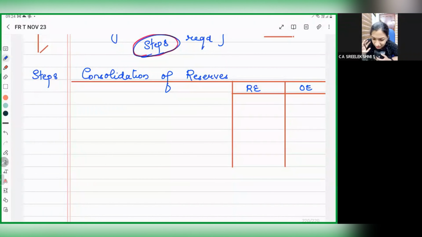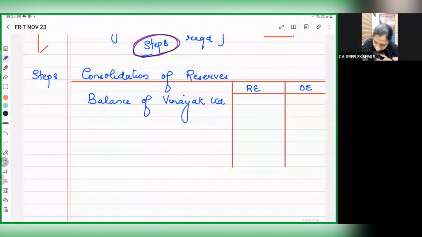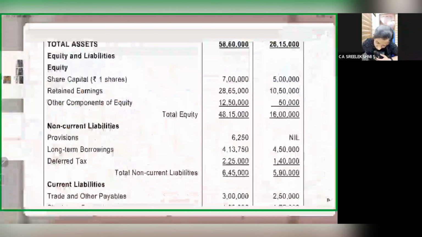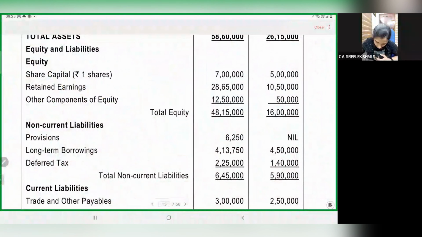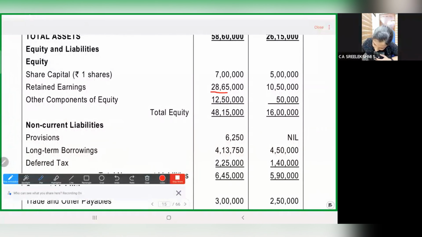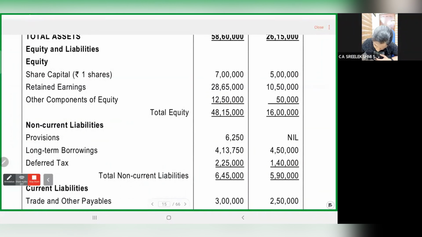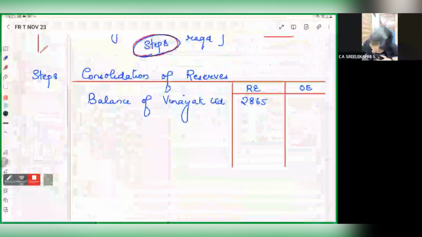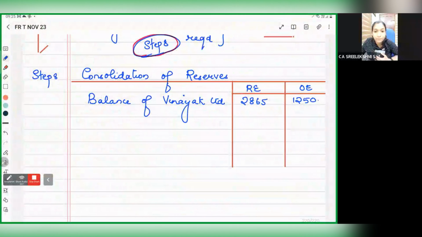So balance of Vinayak Limited. What are the balances of Vinayak Limited? 2865 million and 1250 million.